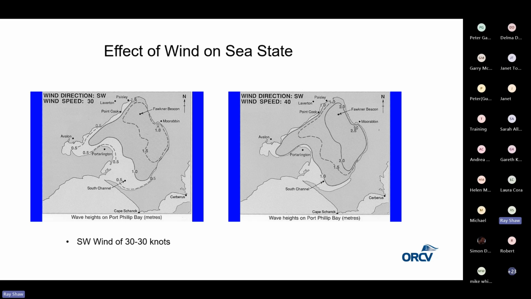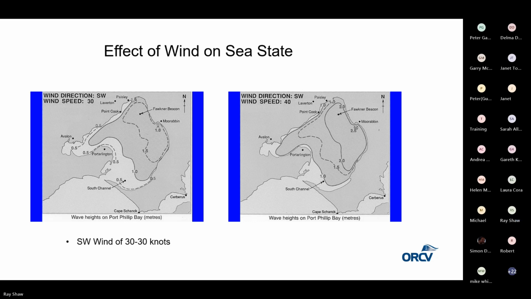Here is a more extreme example. In 30 knots, you see you get the same thing. You get low waves in the southern part of the bay, increasing as we go towards the northern part of the bay, as the wind has been blowing further over the sea, over the bay, and then the effect is even greater at 40 knots because the wind speed is much higher.